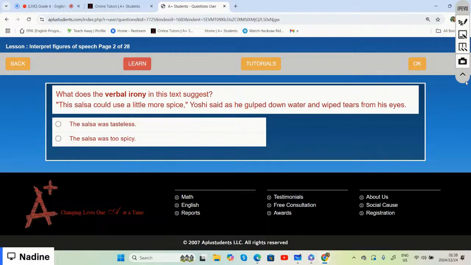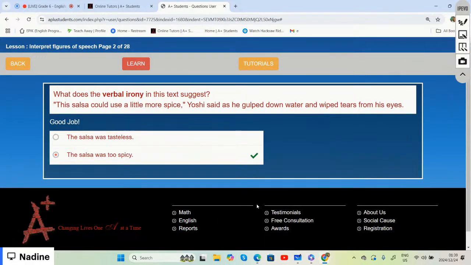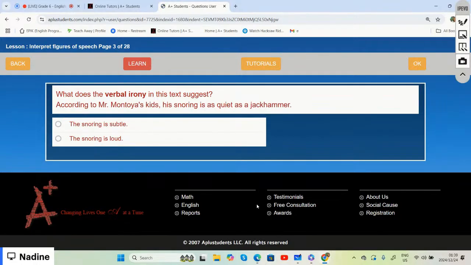And if we were to choose the correct option, then we will say that this salsa was too spicy, especially since he was wiping his eyes and gulping down the water.